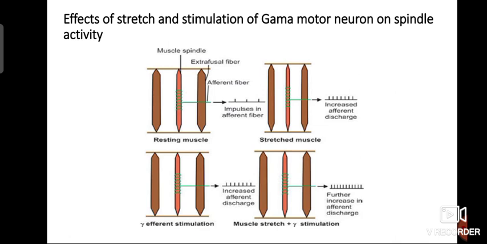Now the effect of stretch and stimulation of gamma motor neuron on spindle activity. As we see in this diagram, there is a muscle spindle in the center, extrafusal fiber parallel to the muscle spindle, and the green fiber is the afferent fiber. In the resting muscle, the impulses in afferent fibers are less, and in stretched muscle afferent discharge increases.